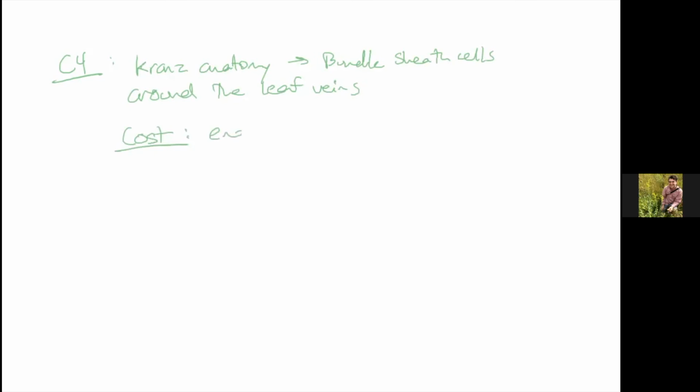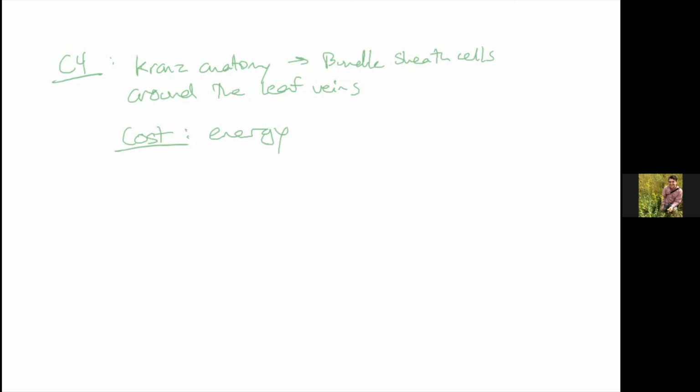So C4s, they have the characteristic anatomy that we call the Kranz anatomy, which refers in part to the bundle sheath cells. This whole process requires energy.